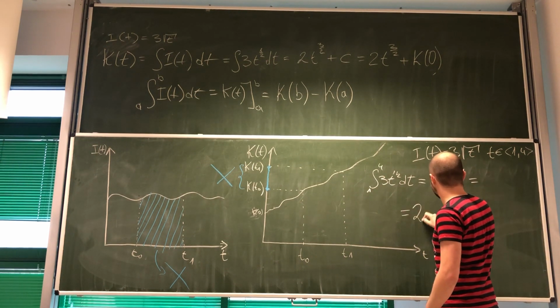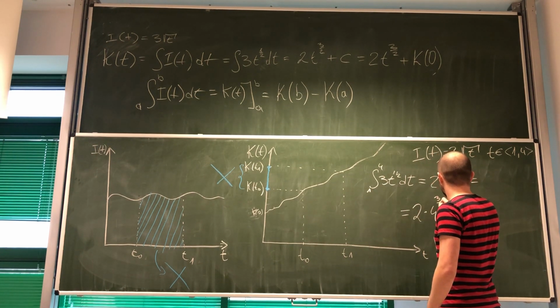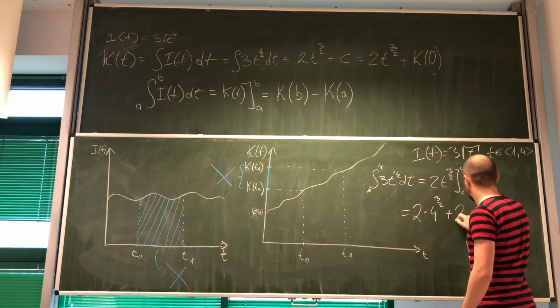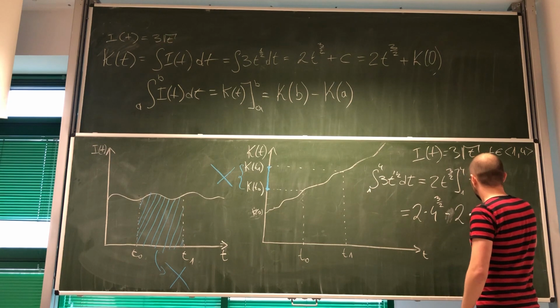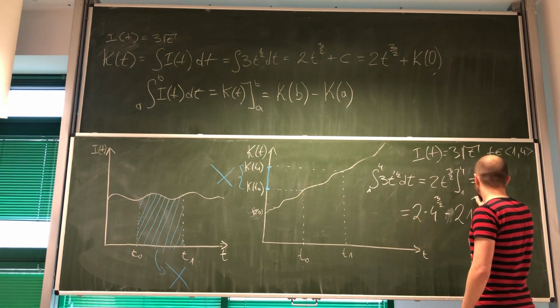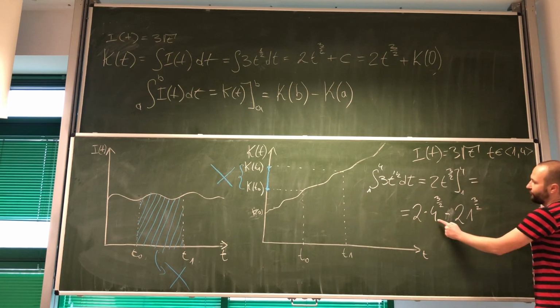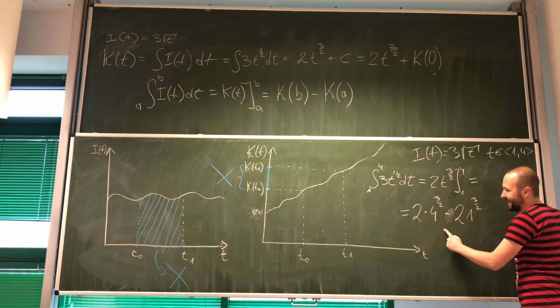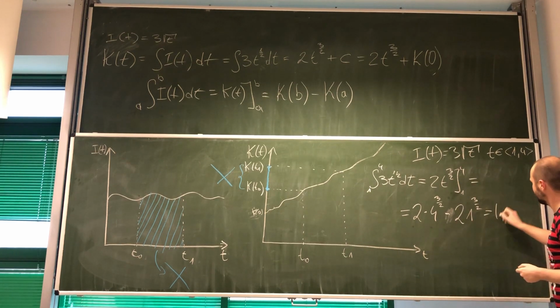So we get 2 times 4 to the power 3/2 minus 2 times 1 to the power 3/2. And look, 4 to the power 3/2 is 2 to the power of 3, which is 8, times 2 is 16.